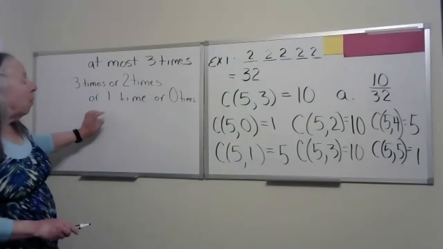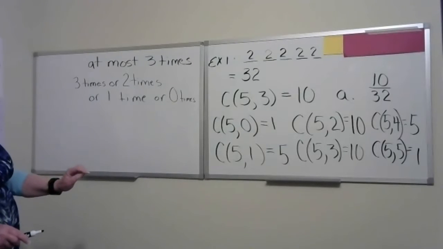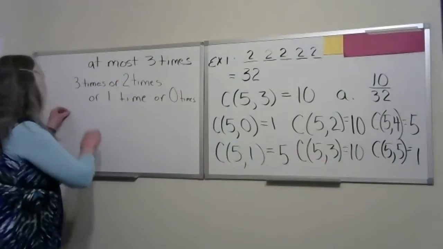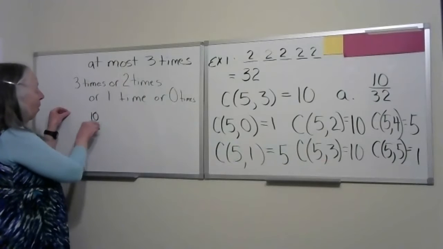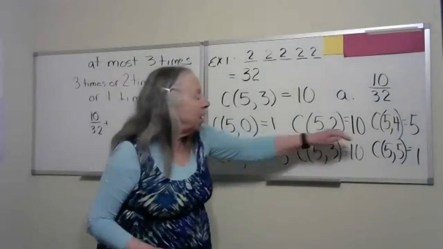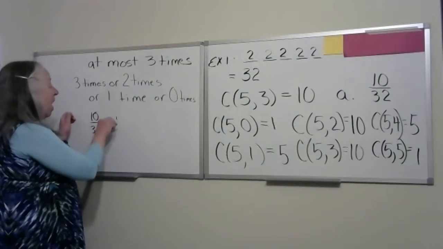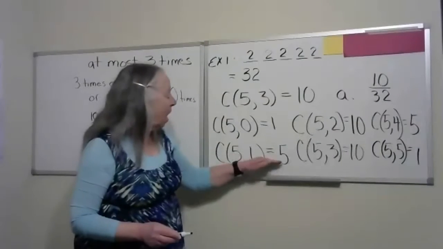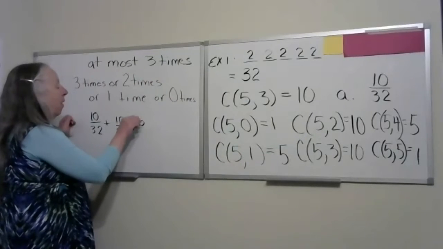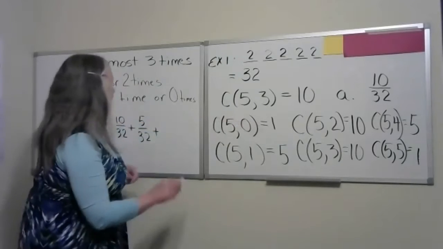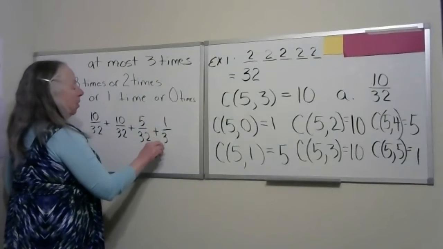Yes, it does. Okay, so notice now what we're going to do is look at 3 times. That's 5 choose 3. So that gives us 10 over 32. Plus 2 times gives us another 10 over 32. Plus 1 time gives us 5 over 32. Plus 0 times gives us 1 over 32.